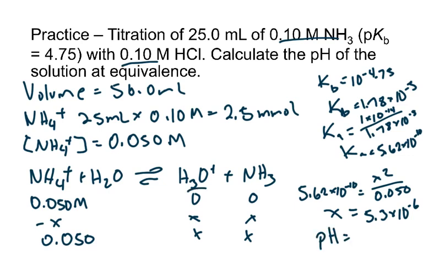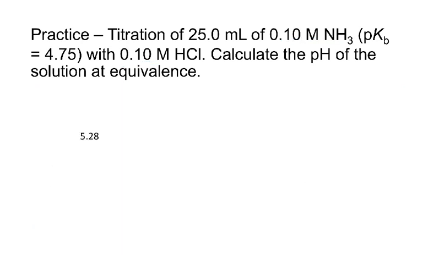So my pH is the negative log of that, which is 5.28. Okay, so to review, what I did was I figured out how much conjugate acid I made at my equivalence point. I took my Kb, converted it into a Ka, then solved for my concentration of H3O plus and found the pH from that.